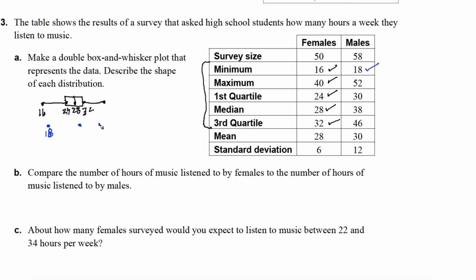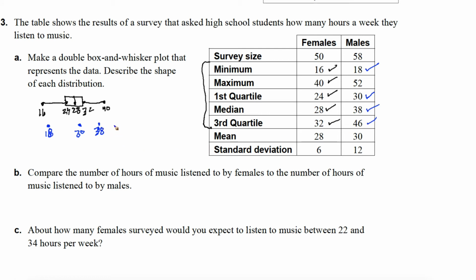I didn't label that one at all. So this is 30 and 40. And again, I'm getting them from right here. It's not 40. 38. There we go. I was thinking of that one up there. So 38, and my third quartile is 46.